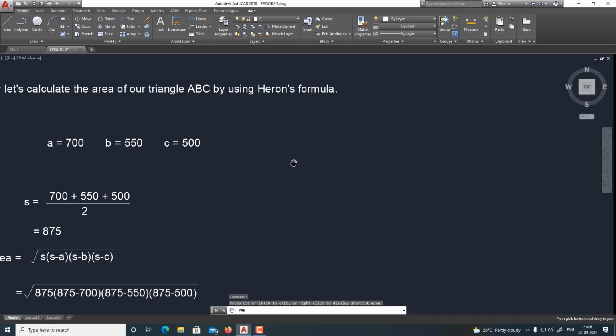Altitude means we must have 90 degrees. That 90 degrees we can't set out accurately. Therefore the altitude is not accurate. Even then the area is somewhat accurate, but plotting is very rough. So we don't rely on the offset method, we rely on Heron's formula.